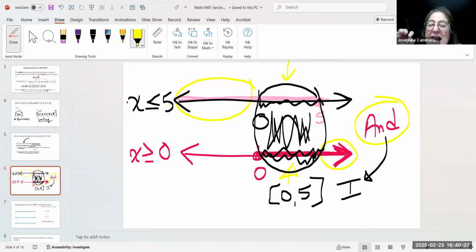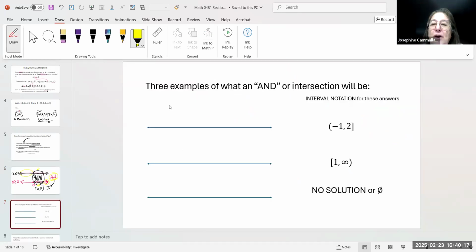Where does the pink and the red have an area in common when they're separated? Well, we're going to draw this one. This is an example of what we're going to call an "and."